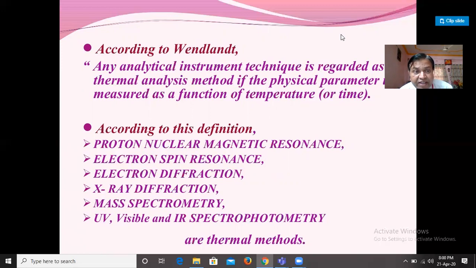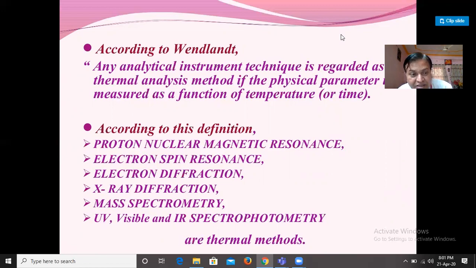Now friends, according to Bandland, any analytical instrument technique is regarded as a thermal analysis method if a physical parameter is measured as a function of temperature or time. According to this definition, we can say proton nuclear magnetic resonance, electron spin resonance, electron diffraction, X-ray diffraction method, mass spectrophotometer, and UV visible IR spectrophotometer are thermal methods.